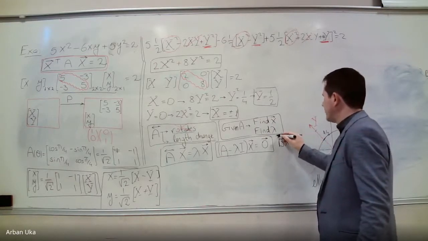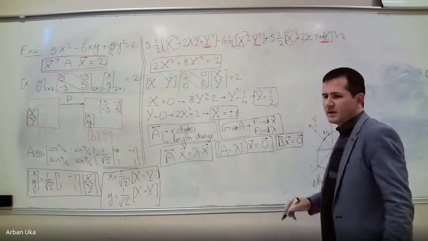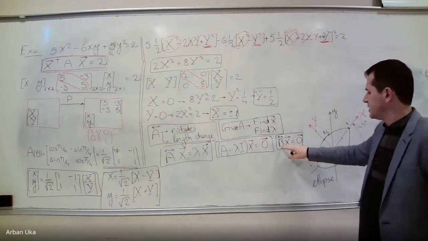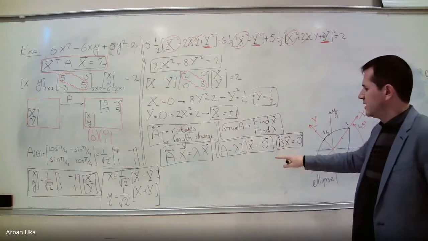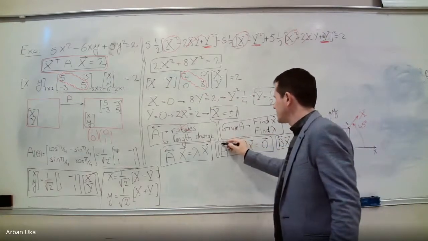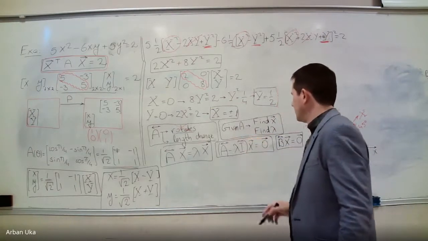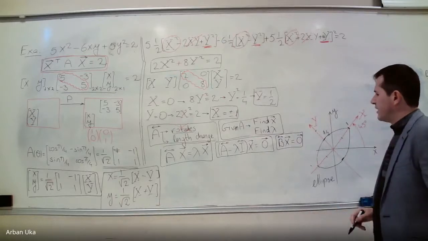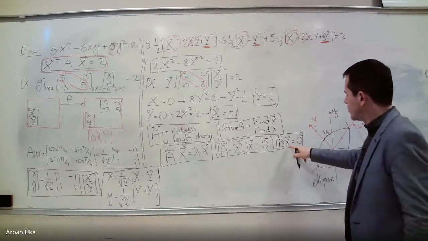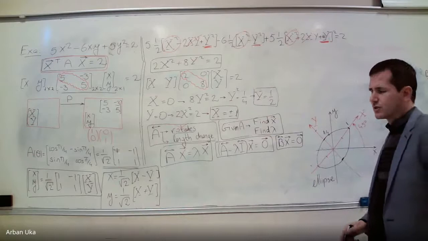This is finding the null space of matrix B, right? And the matrix B is equal to matrix A minus lambda I. So, finding the null space. What is the solution for this equation?